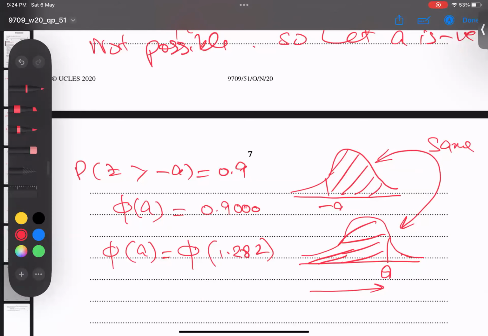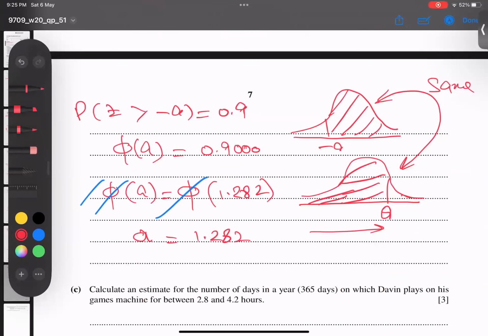When I plug in this value, students, let's see what happens. This cancels out, and a is coming 1.282. But we consider it negative, so I will keep it as negative 1.282.